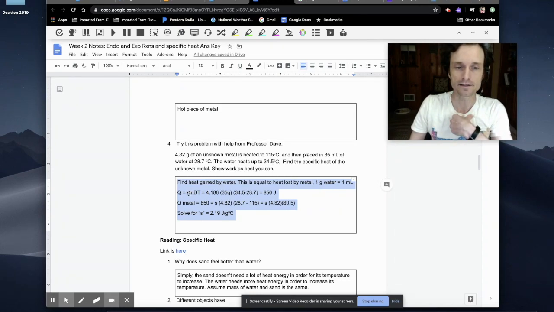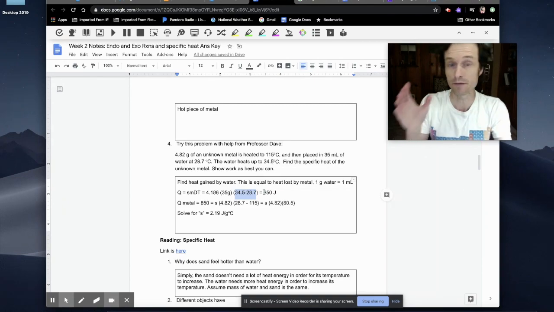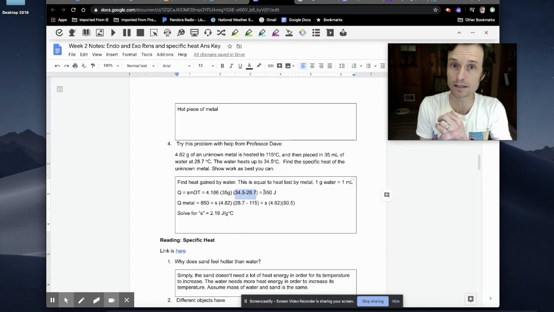The S is the specific heat. The mass here would be for whatever the specific heat was. In this case, it's the water's specific heat, the water's mass, and the water's change in temperature. It's maybe obvious, but when you have metal and water, these calculations can be confusing because you get mixed up.